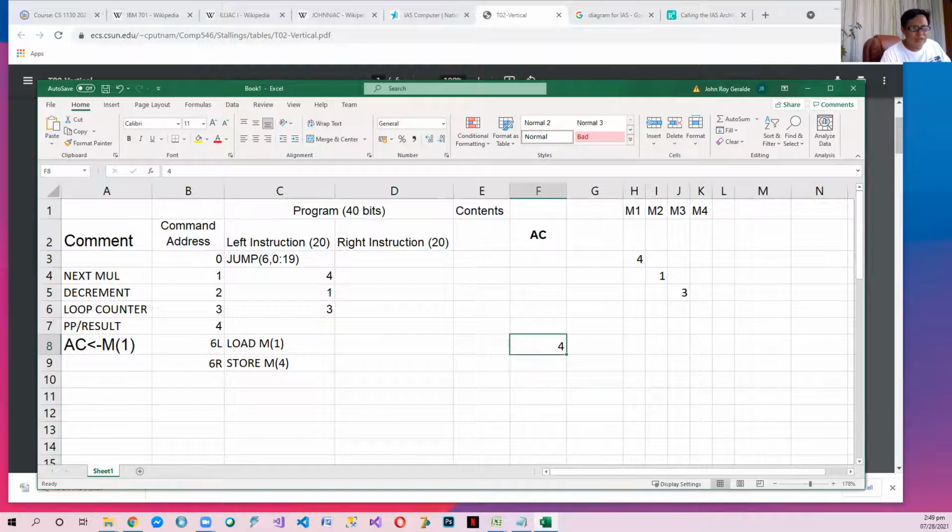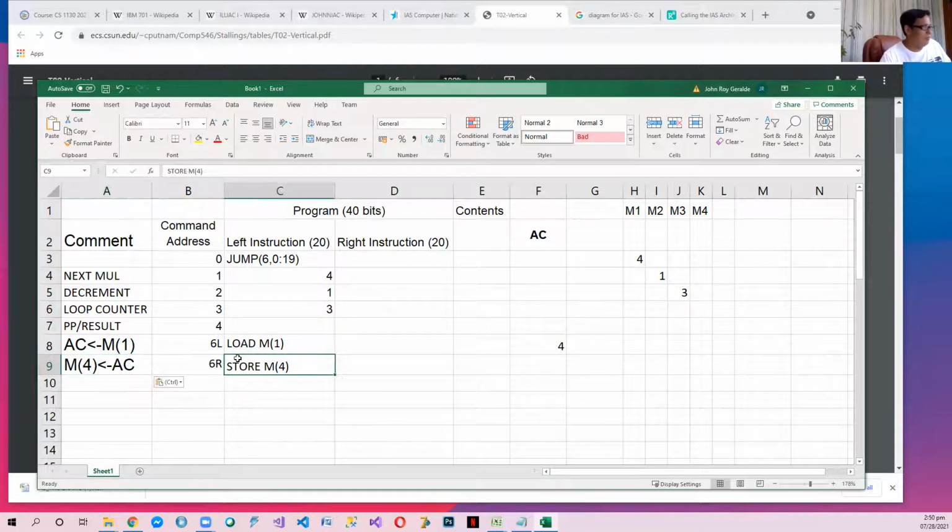So we'll say M4 receives AC. Kaya pala yun, that's why there's a vacant ano in the original program. Okay. There's a vacant in the original program because yeah, it is easier to convert into a loop. Okay. M4 receives AC. So now M4 is 4. Okay. Do you follow? Do you follow?